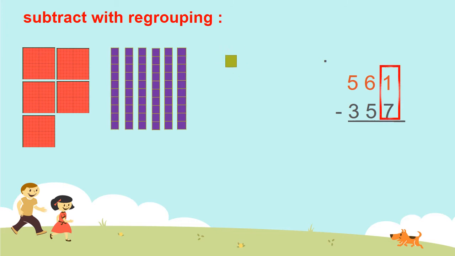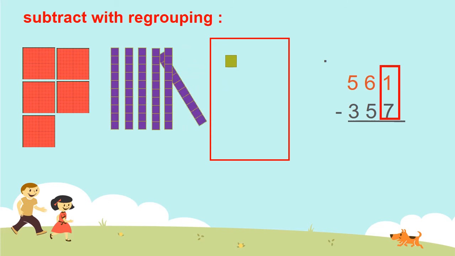Let's start with the ones. Let's take 7 from 1. I have 1. Can I take 7? I can't. So what do I do? Yes, the same thing. I'm going to take 1 ten, change it with 10 ones.